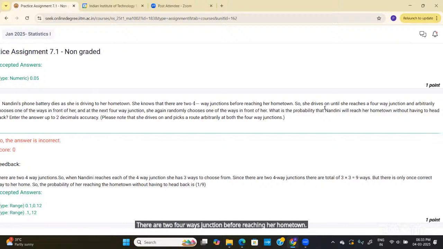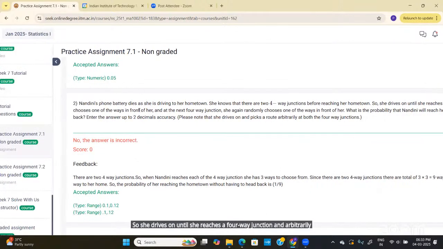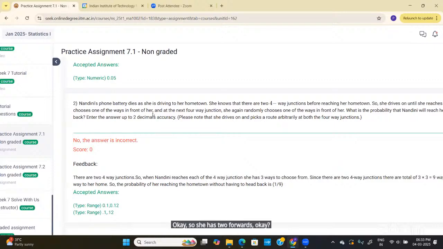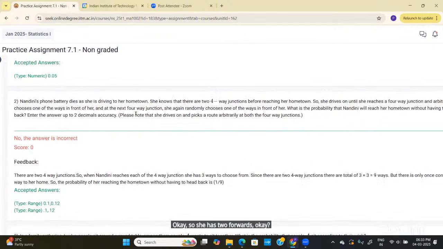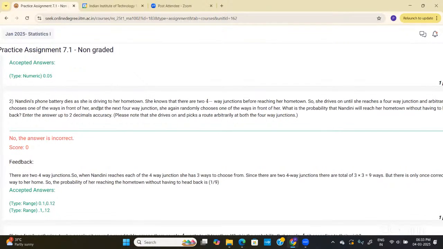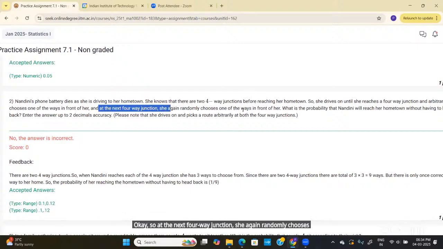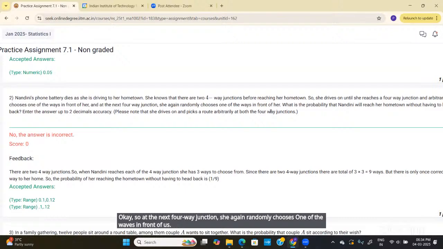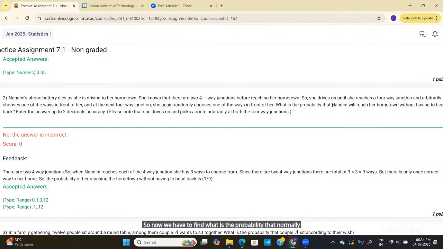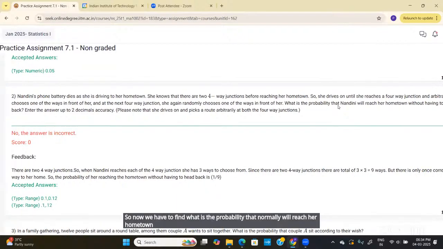So she drives on until she reaches a 4-way junction and arbitrarily chooses one way in front of her. Okay, so she has 2 4-ways, and arbitrarily she can take any of the ways. So at the next 4-way junction, she again randomly chooses one of the ways in front of her. So now we have to find what is the probability that Nandini will reach her hometown without having to head back.